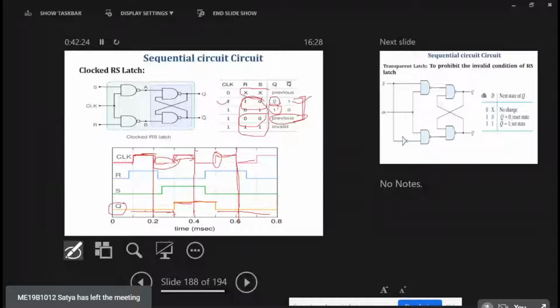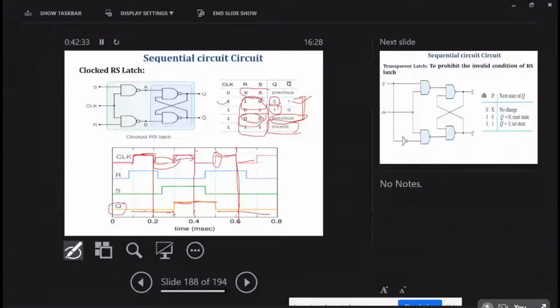But 1 1 is the invalid combination, and we cannot control this 1 1 during the changing of the levels of R and S, or when we connect R and S with certain circuitry depending on what change we want in the state of this flip flop. So there is a possibility, due to some noise or something, that the R and S values will both be equal to 1.